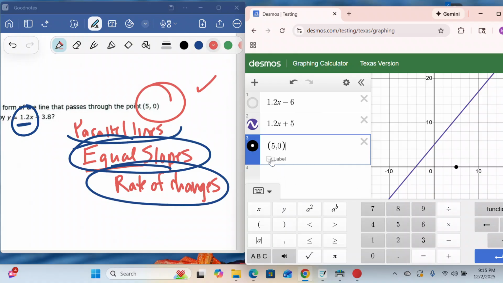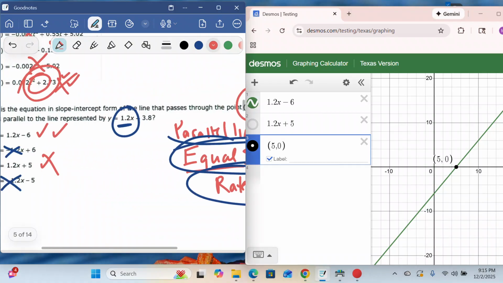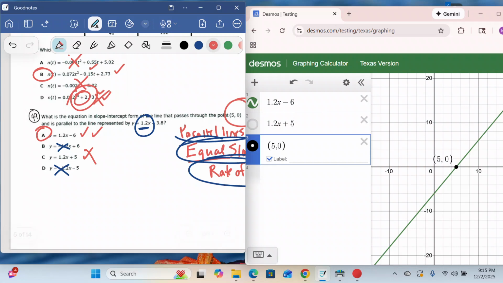But if I take this one out, and I get this one, it passes right through it. It even moves it conveniently for me to say 5, 0 is your x-intercept, and 5, 0 is the point. The answer choice, checking it 3 times, the answer choice is correct, letter A.